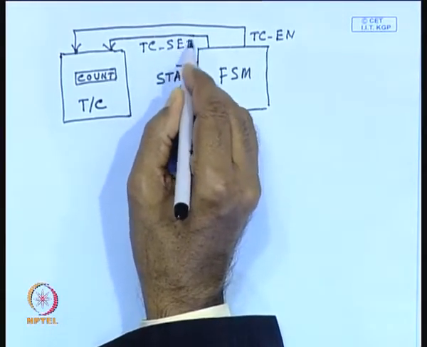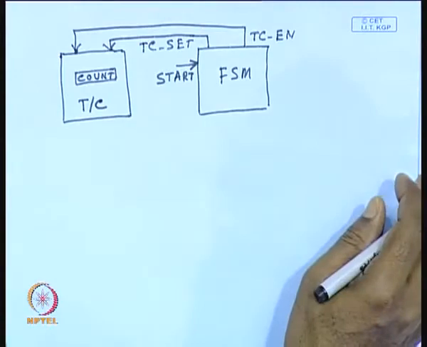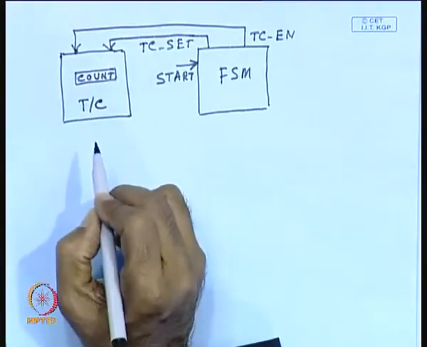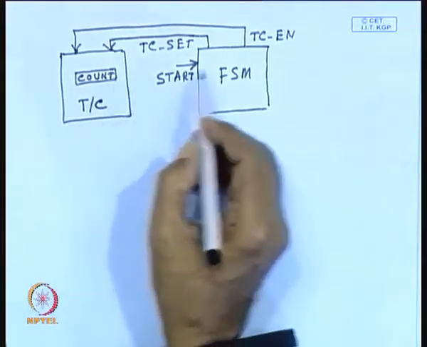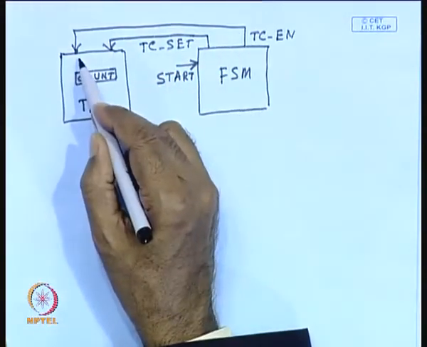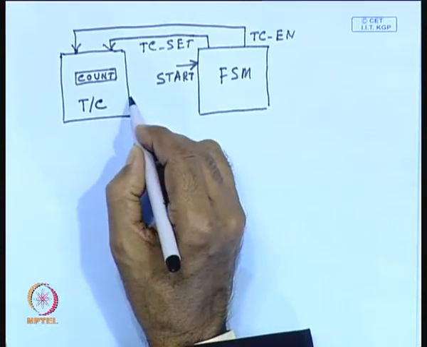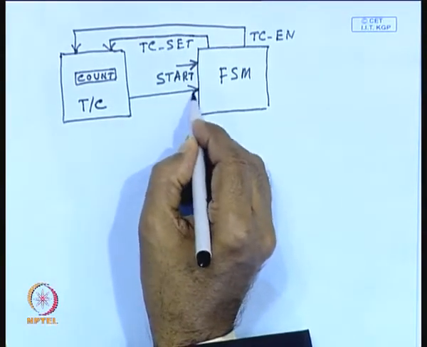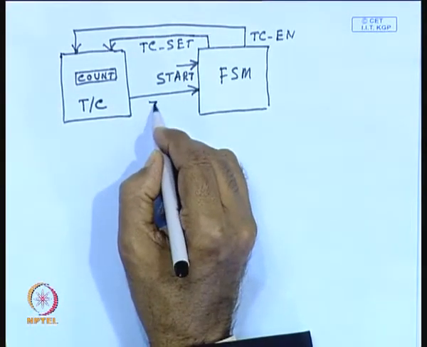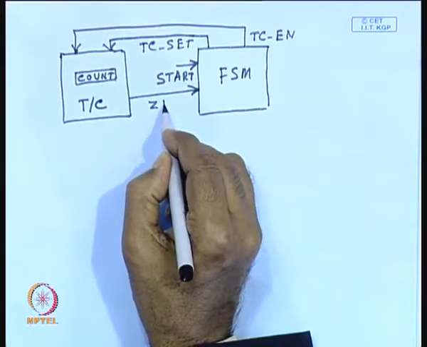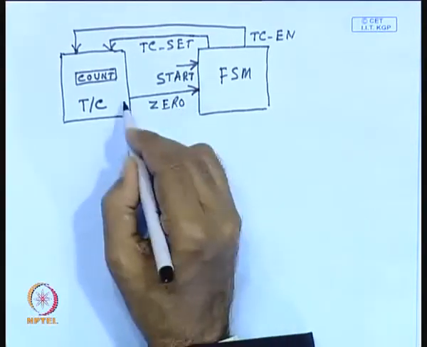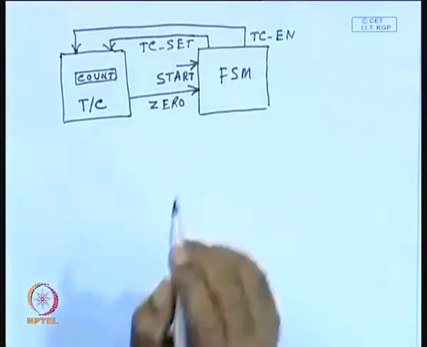TC set means the count value can be set. After the timer counter is enabled and TC is set, it will count down the value and it will generate an output when this countdown becomes 0. So, that is why it identifies a 0 condition, and that 0 is applied to this finite state machine.